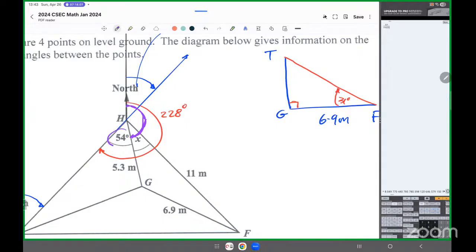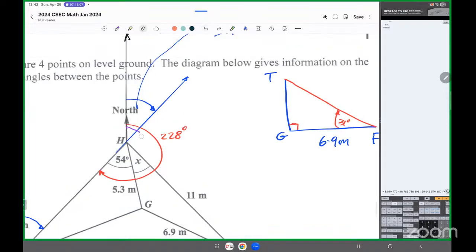It's 228 minus 54. Everything around here is 228, but this one stops short by 54. So it's 228 minus 54. Let me draw this out a bit better.